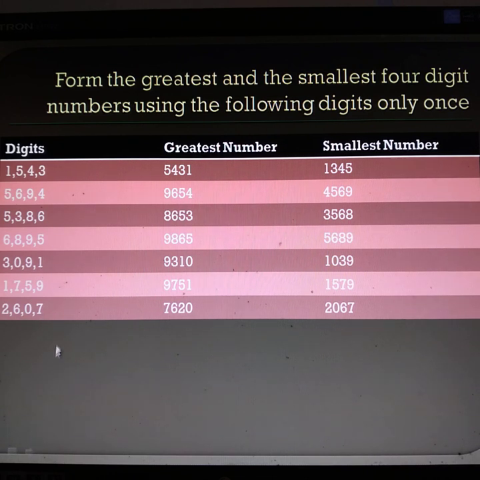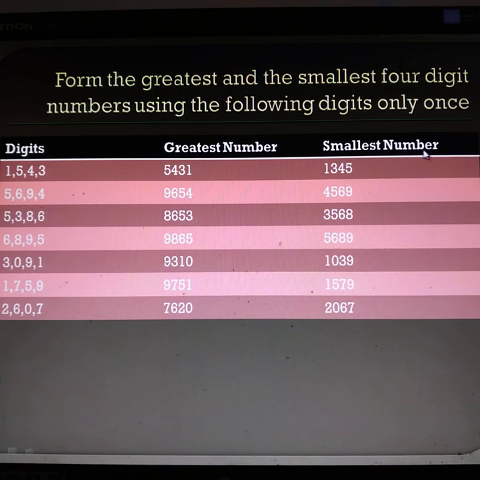Now see the next example with 0. Here the digits given are 2, 6, 0, 7. Now the descending order will be, at first the greatest digit, that is 7, then 6, then 2, then 0. So the greatest number formed is 7, 6, 2, 0.